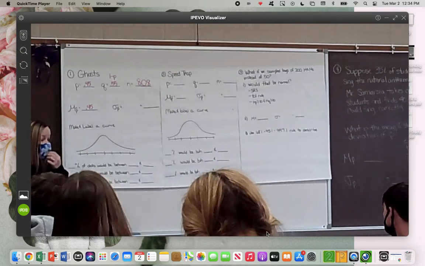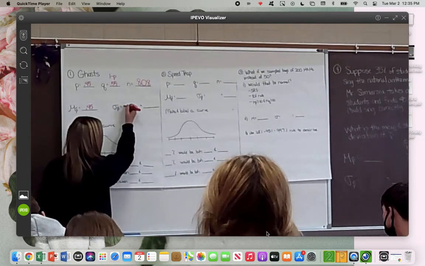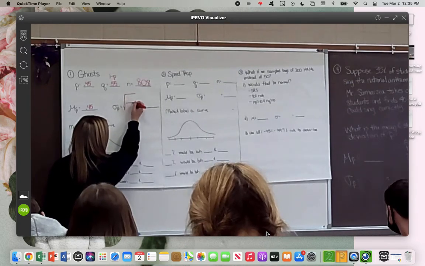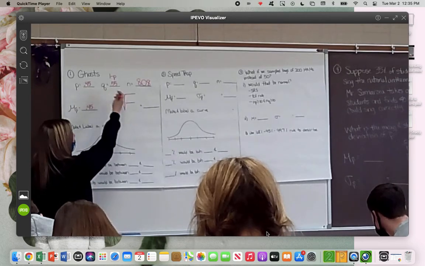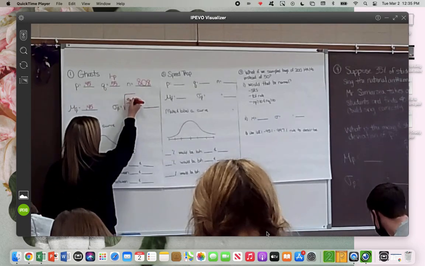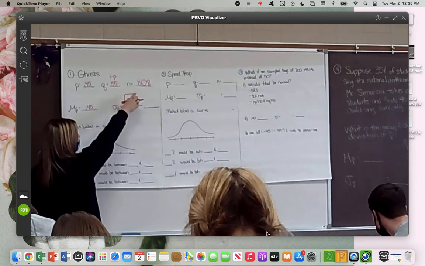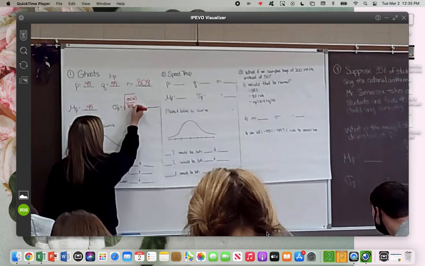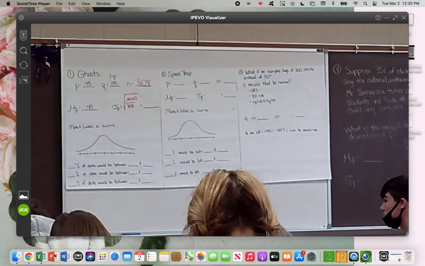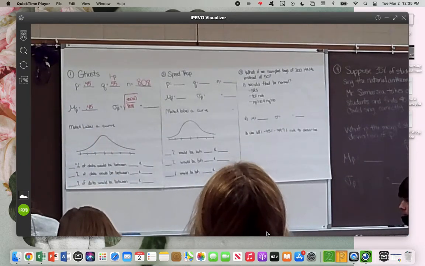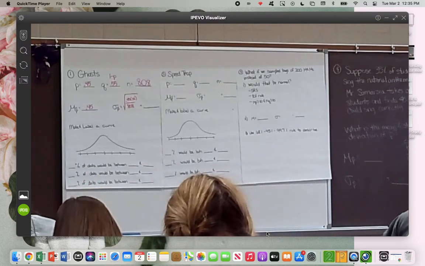Now the standard deviation, we do have a formula. Inside the square root, the numerator is P times Q. So we're going to take 0.45 times 0.55, and then we're going to divide it by the sample size. This is where you're going to need your calculators. In your calculator, you don't have to worry about parentheses.